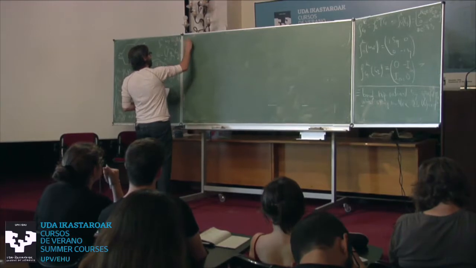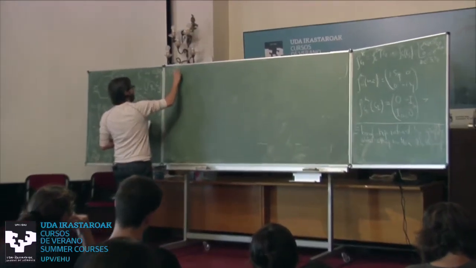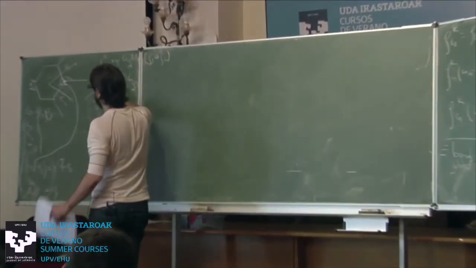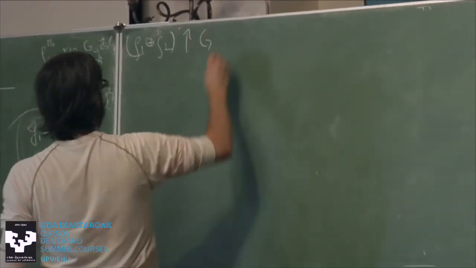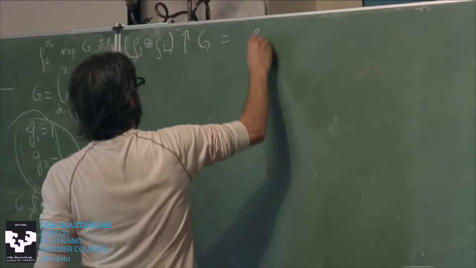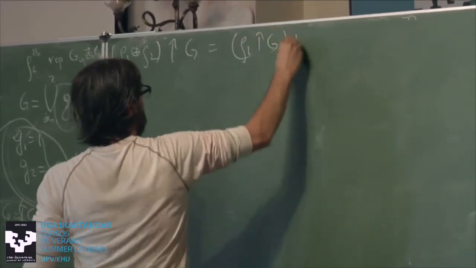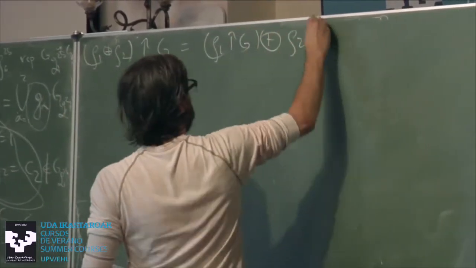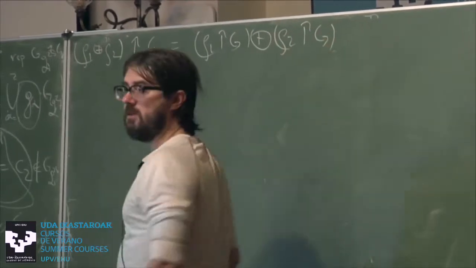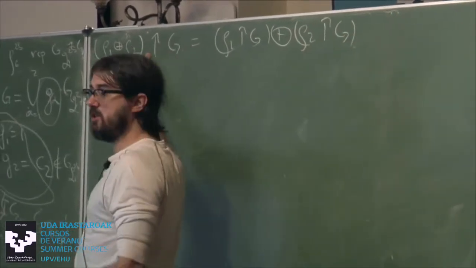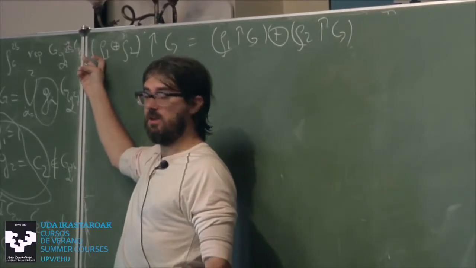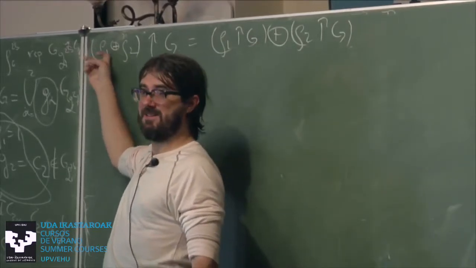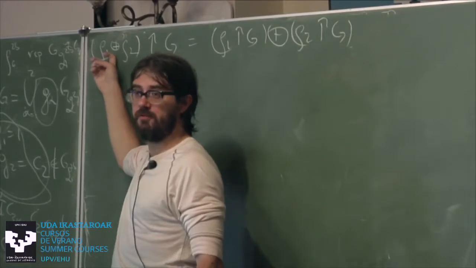So for example, if I have rho 1 plus rho 2 representations of some subgroup of the site symmetry group and induce them in the group, this is rho 1 induced in G plus rho 2 induced in G. So you can see that an induced representation is reducible if the representation of the subgroup, or of the site symmetry group, is also reducible.